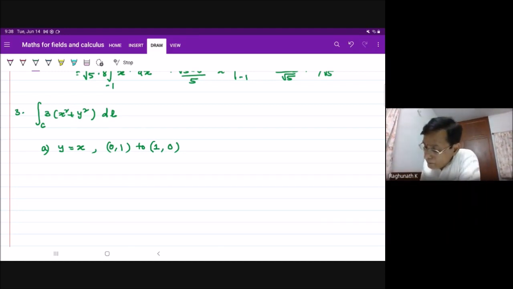What is this now? Integral, check it, 0 to 1 for x. X is equal to 0 to x is equal to 1. The point is 0, 1 to 1, 0, along y is equal to x.